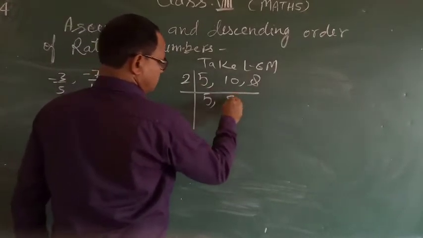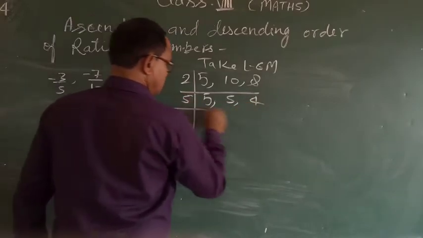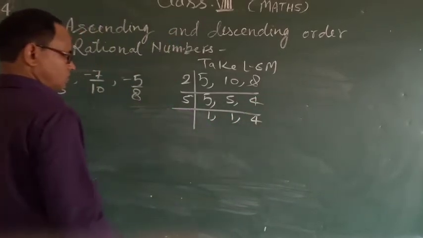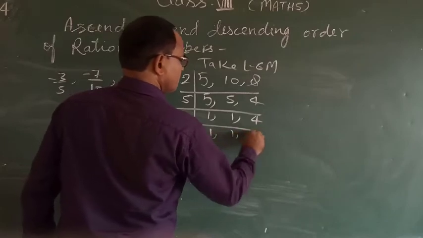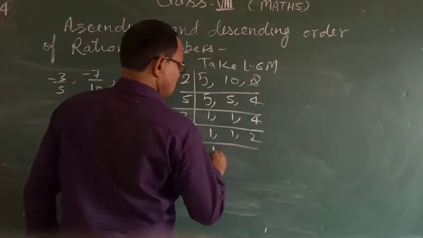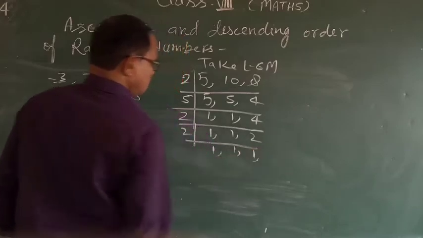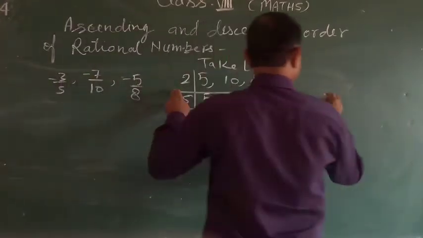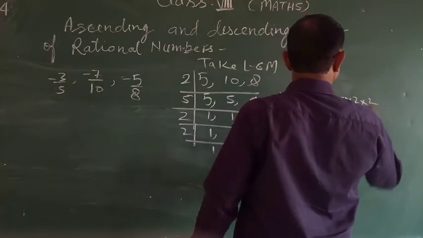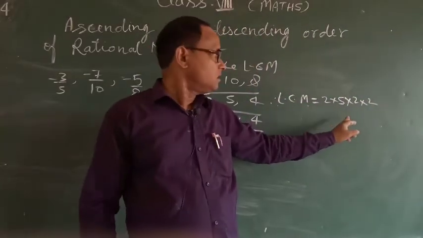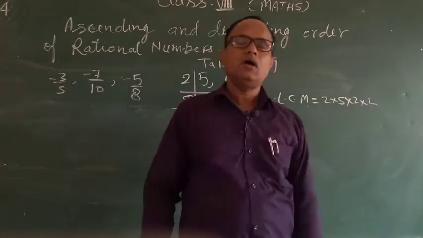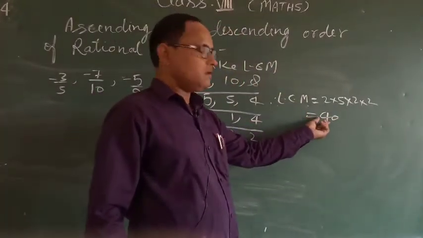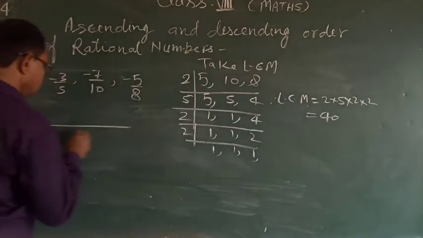Dividing by 5, 5 ones are 5; 10 divided by 2 gives 5; 8 divided by 2 gives 4; 4 divided by 2 gives 2, and we cut by 2 again. Therefore the LCM is 2 into 5 into 2 into 2, that is 2 fives are 10, 10 twos are 20, 20 twos are 40. We get the LCM 40.